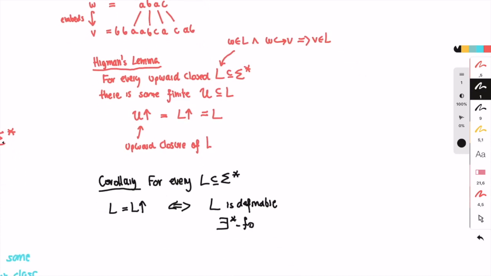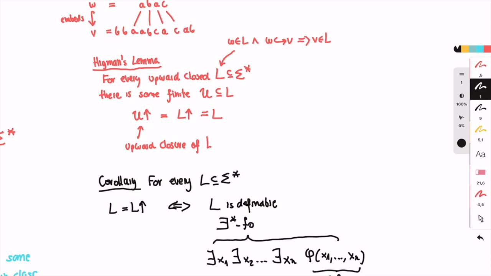And what this is, is formulas which are of the form: exists an element, exists another element, and then here you have a quantifier free formula. So this is existential first order logic.